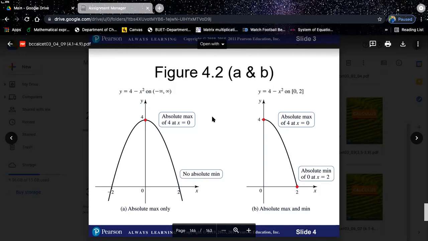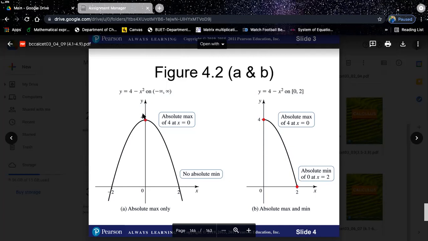Okay, so if you can eyeball the graph, let's say we have a graph for the function 4 minus x squared, and it's actually for all real numbers. You can see from negative infinity to infinity. So for all real numbers, we are trying to find the maximum and the minimum value for this function. If we can eyeball the graph, we can definitely see the highest peak is at this point, right?